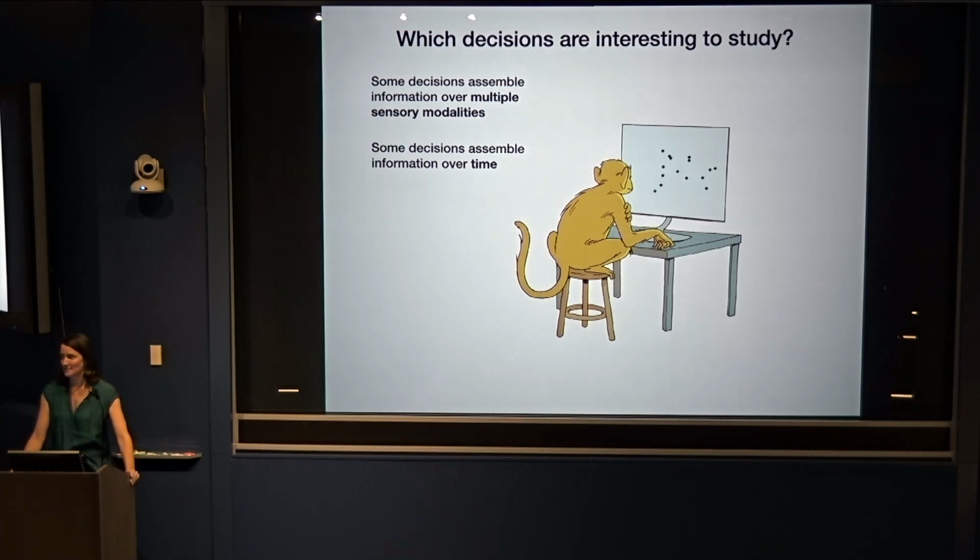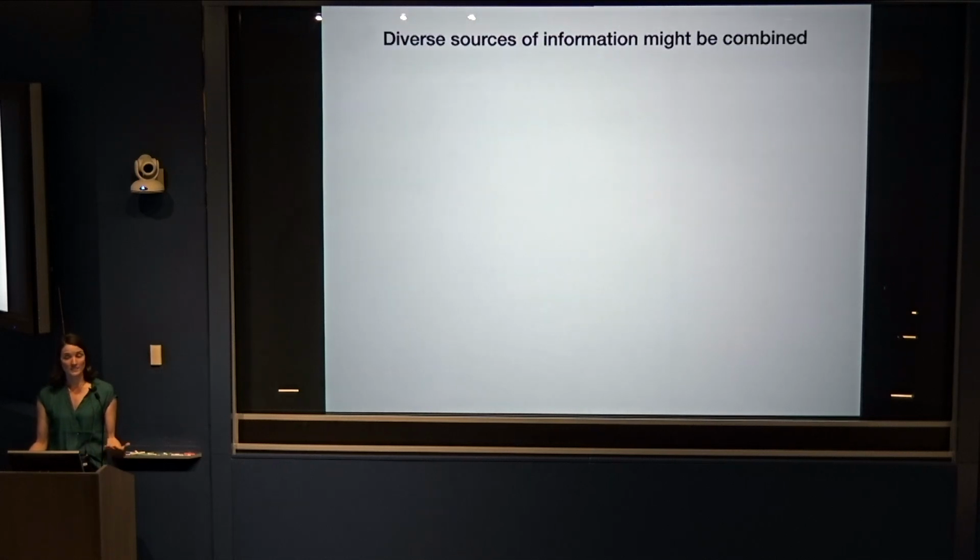So these two examples that I just gave are both examples where decisions are made about purely perceptual stimuli, right? You're either putting together sensory information from, say, vision and audition, or sensory information that's arriving over time. But of course, in real life, decisions might not only involve sensory information. Instead, diverse sources of information might be combined.